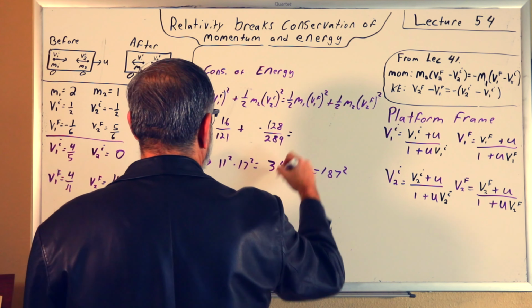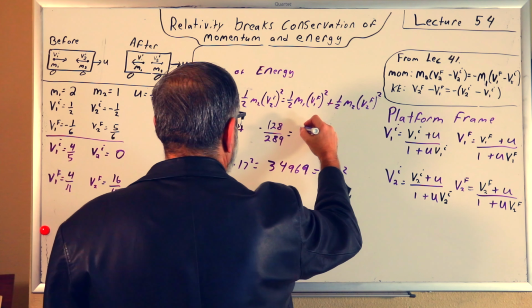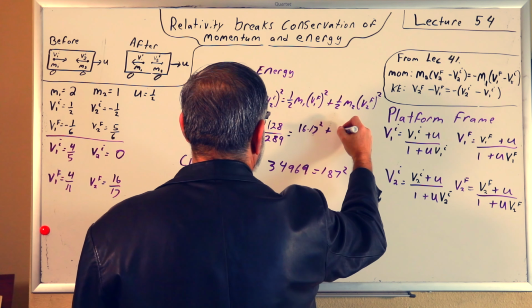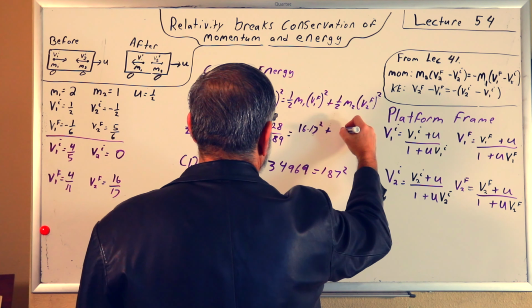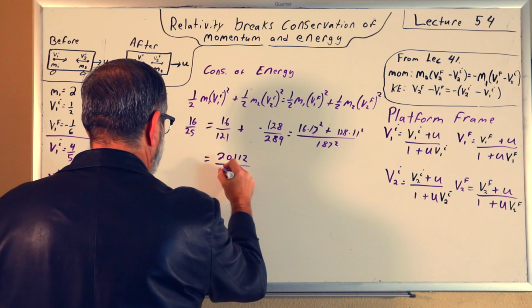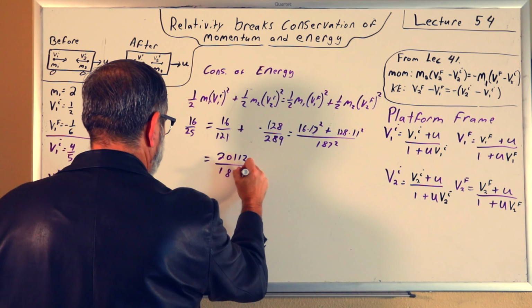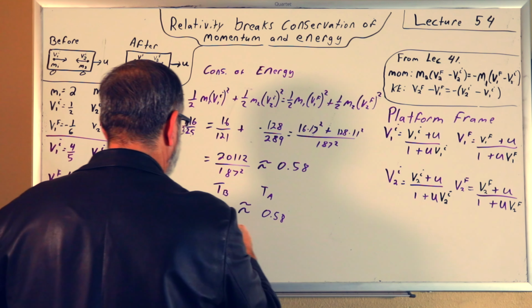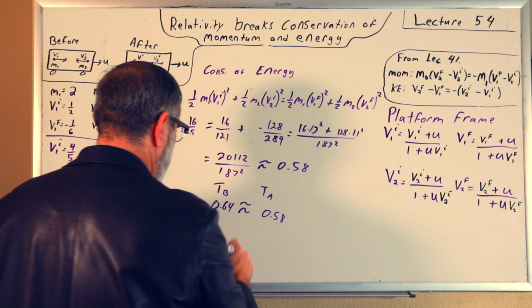So that's what we'll use for our common denominator, which means we have to multiply 16 times 17 squared, plus here we've got 128 times 11 squared, all divided by 187 squared. Our fraction is great. So it gives me 2,112 over 187 squared, approximately 0.58. T after is 0.58, and T before, 0.64.